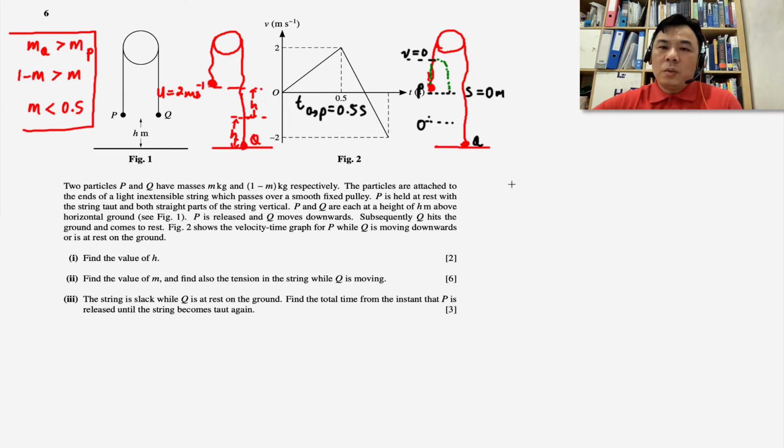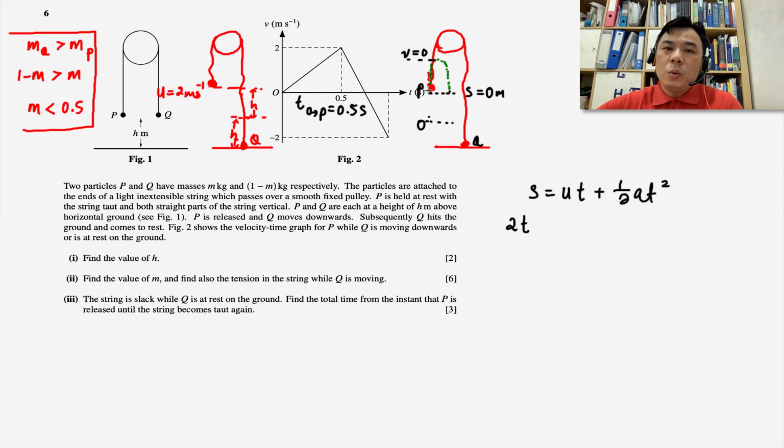So based on the equation S equals ut plus half at squared, we know that the final displacement is 0 when we return to the same position again. Our initial velocity when Q has reached the ground is 2, so we rewrite that as 2t.